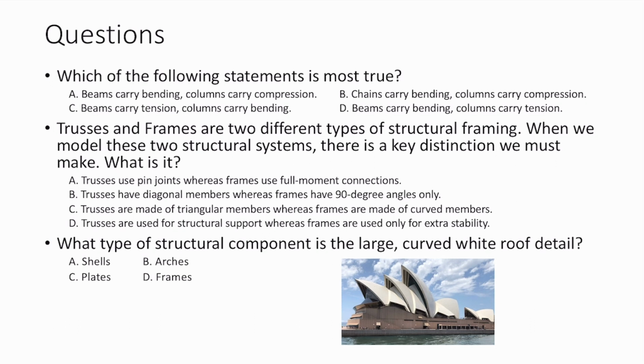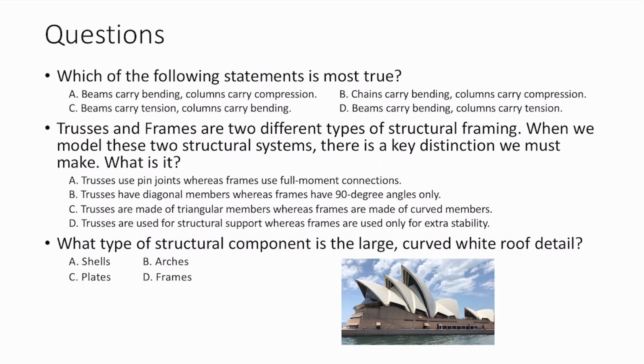The next one is, trusses and frames are two different types of structural framing. When we model these two structural systems, there is a key distinction we must make. What is it? A. Trusses use pin joints, whereas frames use full moment connections.